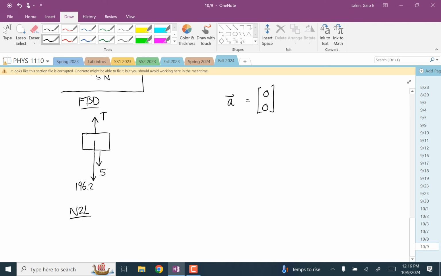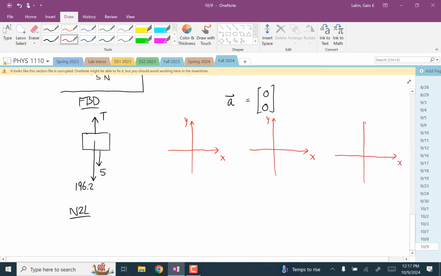All right, and for each one of these, when you get used to this, you won't have to draw the coordinate systems. But for each one of these forces, we're doing what we did in the vector assignment. We're putting the tail of the vector at the origin and figuring out the coordinates of the head of the vector. So for the weight force, it's a vector like this with a magnitude of 196.2.